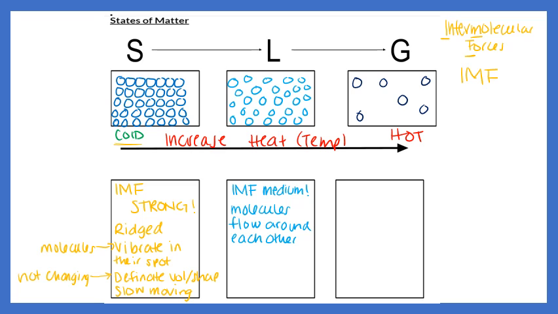The molecules in the liquid flow around each other. As you could see in your model, the liquids are connected by the string, and you can move them around each other. They're still attracted to one another, but they can kind of dance around one another, all right? They do not have a definite shape, but a definite volume.